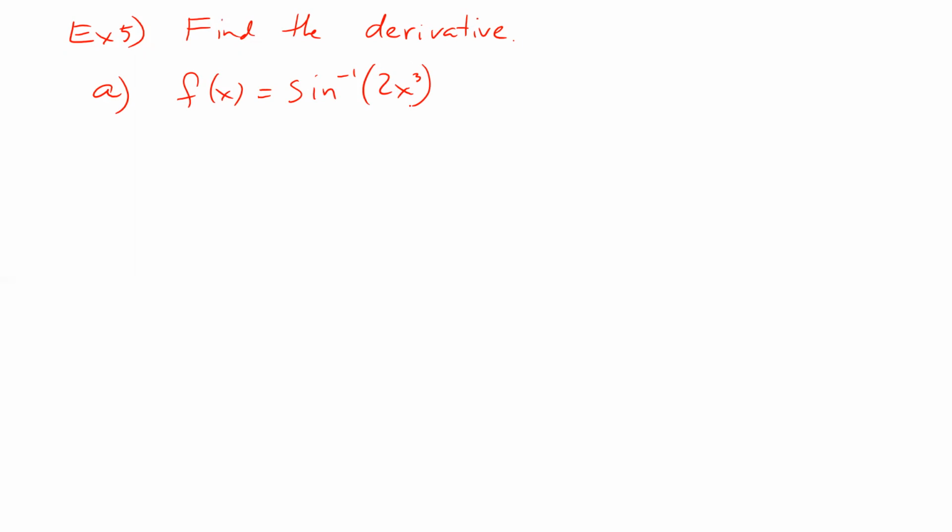All right, so find the derivative of this guy. Of course, there's something called the chain rule happening here, right? Because we still have the chain rule itself. So now that I know the derivative for sine inverse, I think I'm good to go.